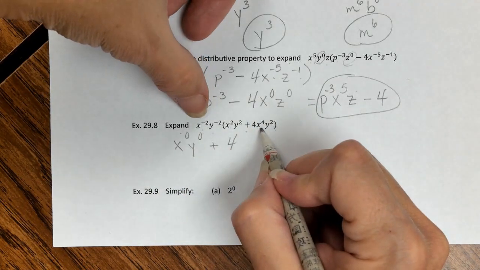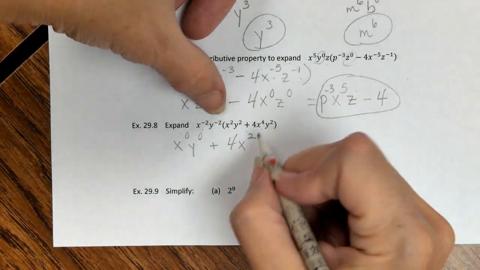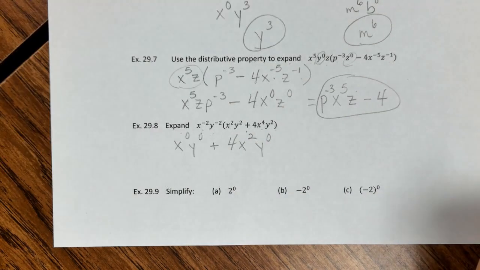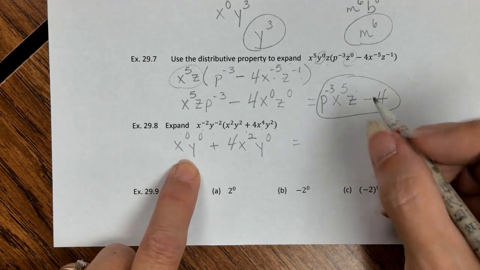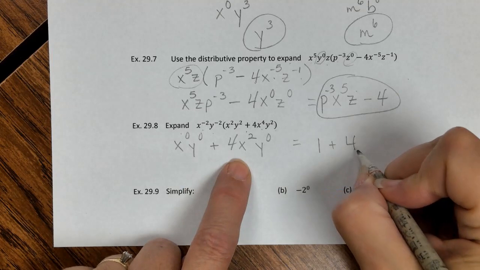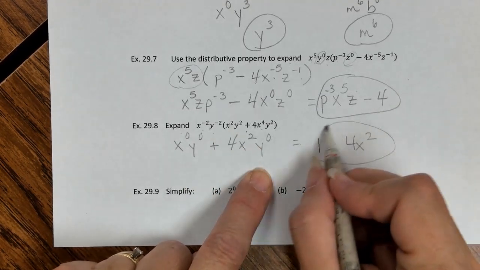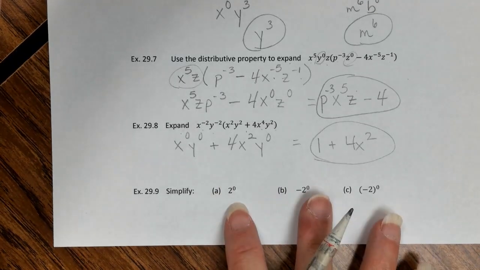For x's we have a 4 and a negative 2. That gives us a positive 2. And y gives us a 0 again. Then we simplify this for our final answer. This is 1 times 1. That's 1. Plus 4x squared times 1, which we don't have to write. And there we are.